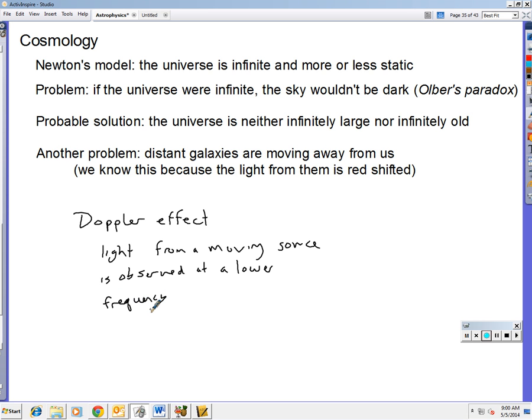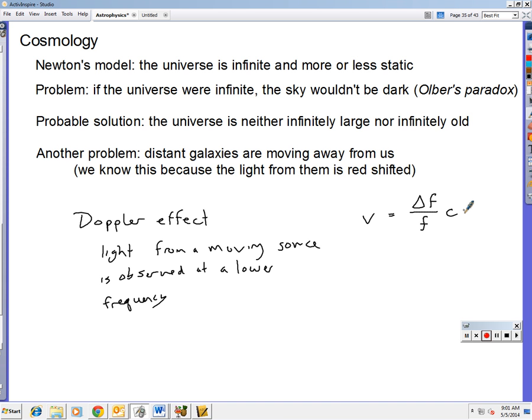And so because the galaxy's light is more red than it should be, that tells us that the galaxy is moving away from us. And the equation we use is v equals delta f over f times c.